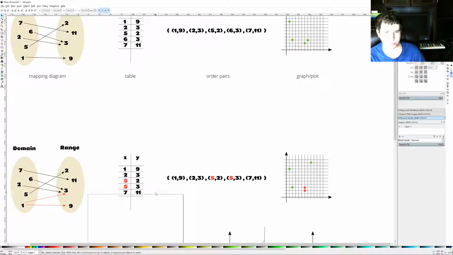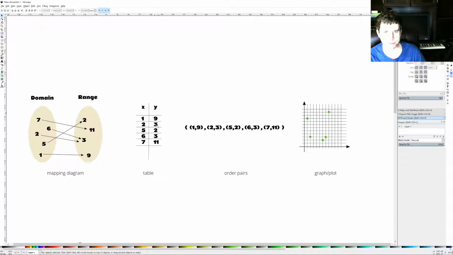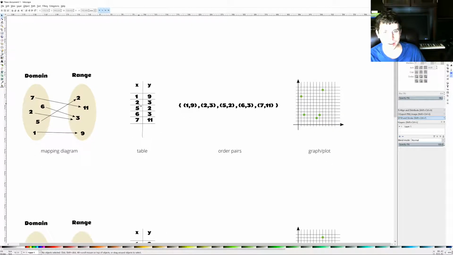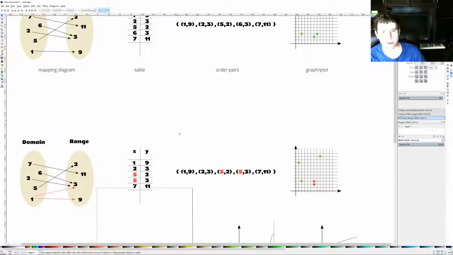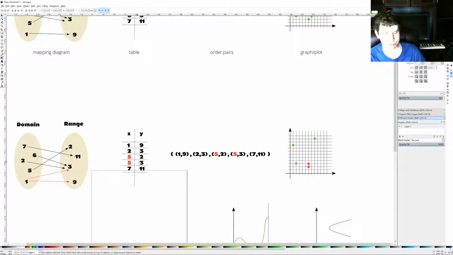If the question you get says, is this a function, for the original you would say yes, that's a function, because every element in the domain, all the inputs, have one unique output. Whereas in this case, 5 has 2 different outputs. So that's not a function in this changed version.